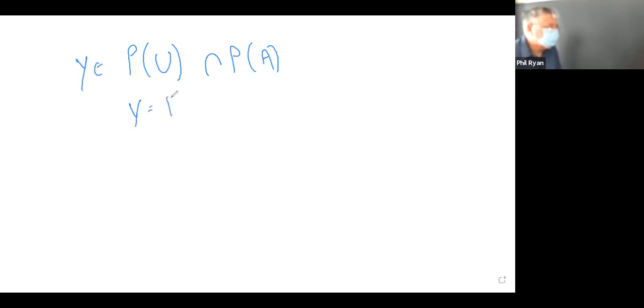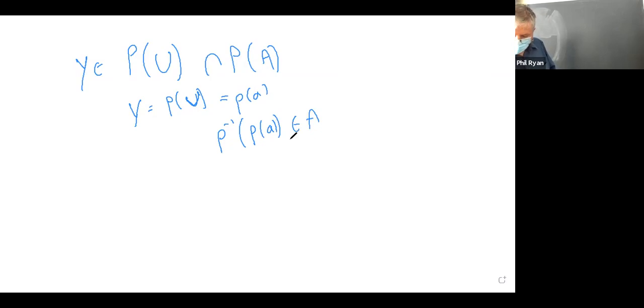So y equals P of little u, and it equals P of little a, where little u is some element of big U, and little a is some element of big A. Since A is saturated, which is the reason why all these things work, we have that P inverse of P of A has to be in A. So that means in particular that little u has to be an element of A. So y also, since u is in big U, we also see it's in big A, and therefore u is an element of U intersected A. And that gives us our reverse inclusion.